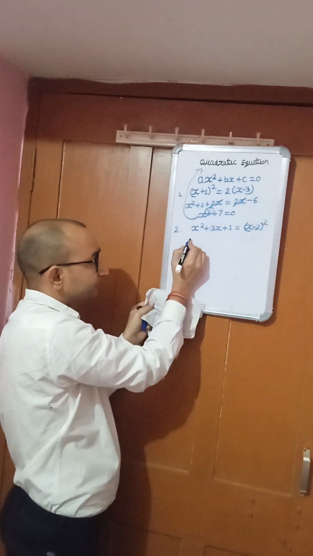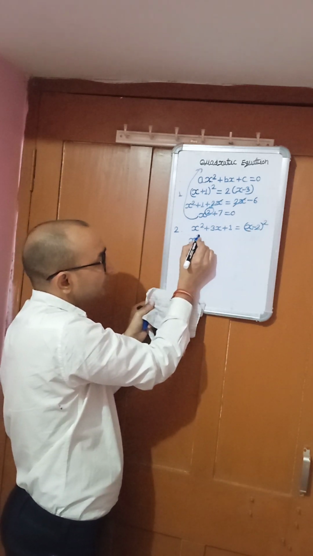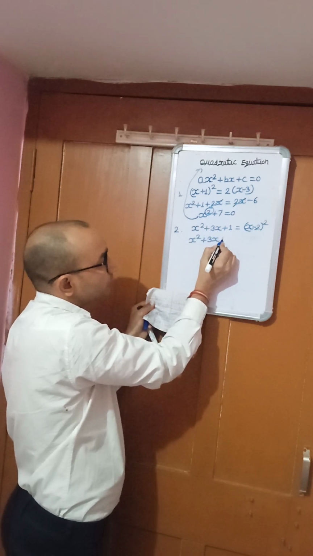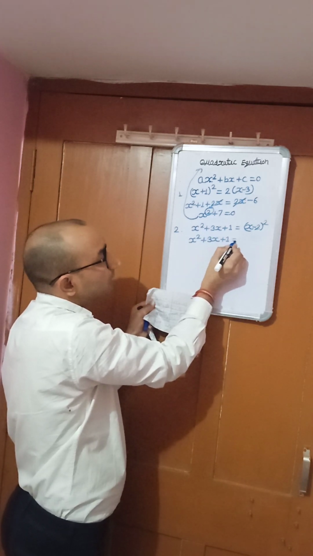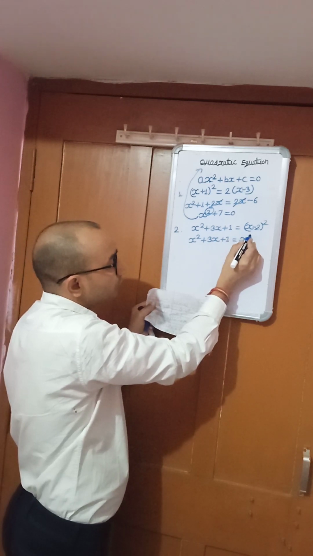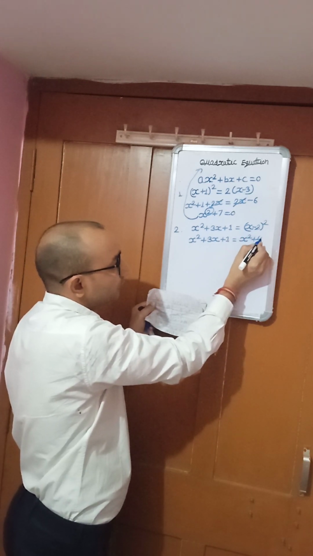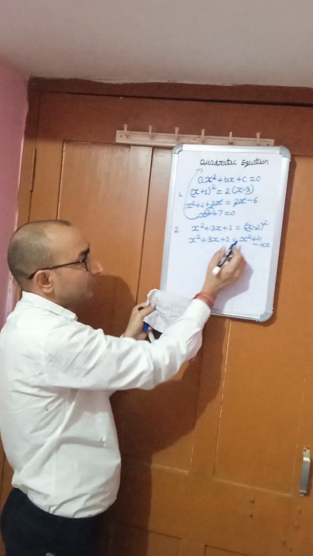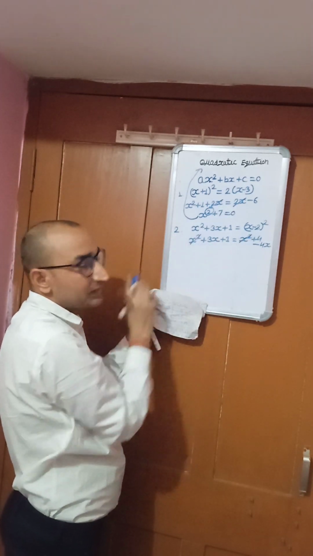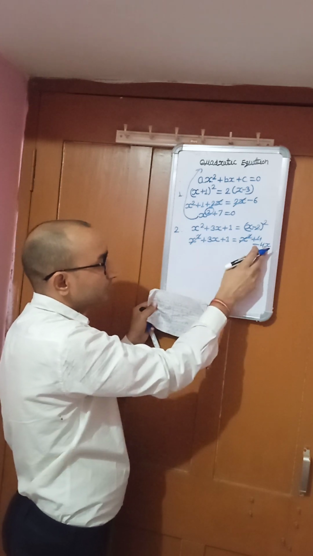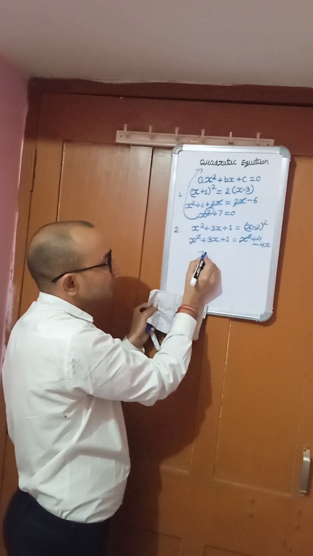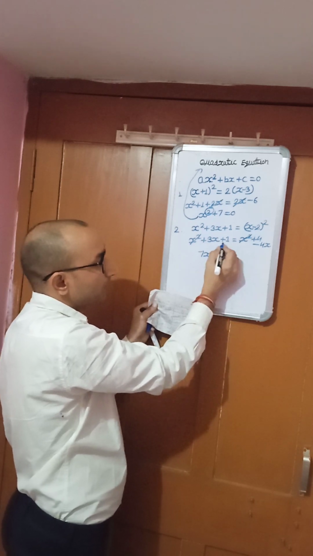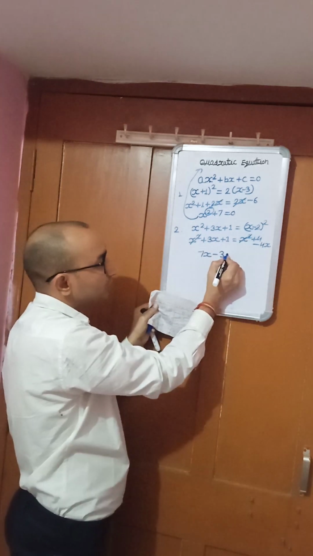Solve this. x square plus 3x plus 1 equals to x square plus 4 minus 4x. x square gets cancelled here. This becomes 7x plus 1 minus 4, that is 7x minus 3 equals to 0.